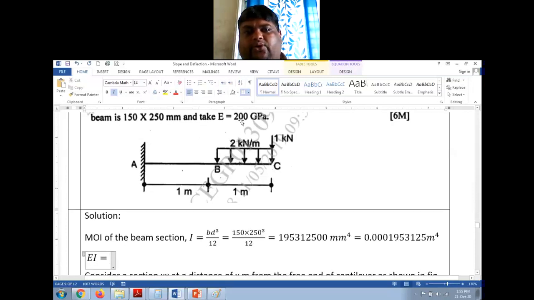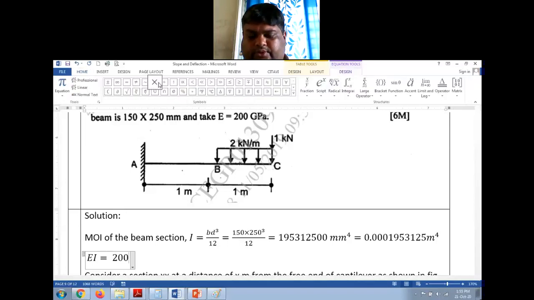To make it into kilo, I have to multiply it by 10 raised to 6. So 200 into 10 raised to 6. So this has become kilopascal.